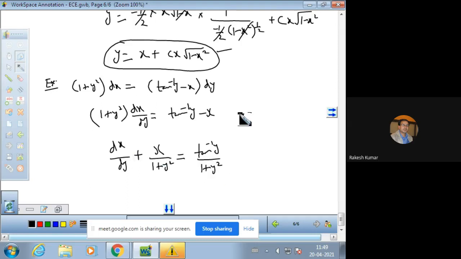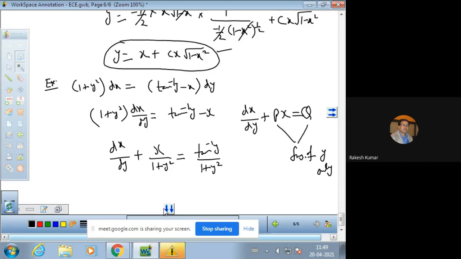Now we are using the Leibniz differential equation form: dx over dy plus P of x is equal to Q, and your P and Q are functions of y only.